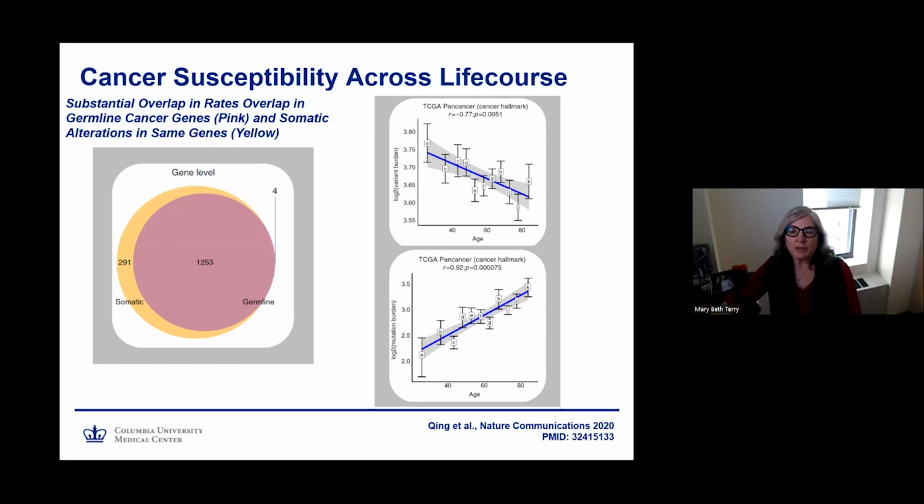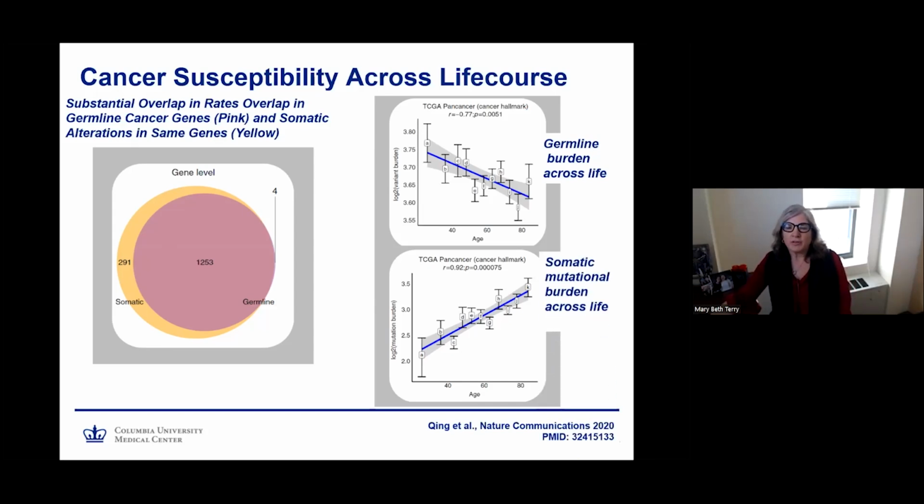On average with somatic mutations, it's about 23, with a range of 0 to over 3,500 somatic mutations in cancer hallmark genes. On the right, you can see the clear trends in the proportion of germline to somatic mutations across life, with the germline burden decreasing as age increases and the somatic burden increasing.